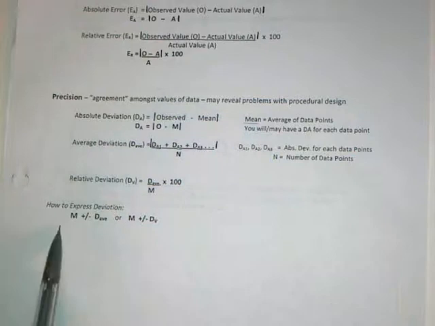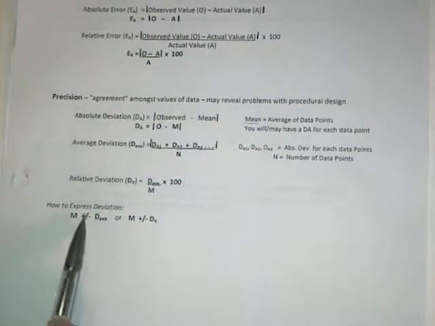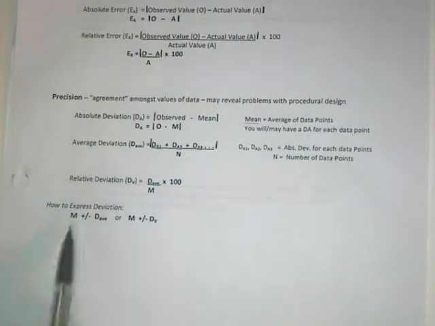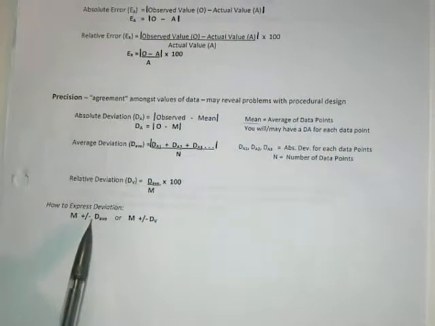The best way to express the deviation is by writing the mean and then plus or minus your average deviation. That shows you the average of your data values and then how much they vary amongst each other.